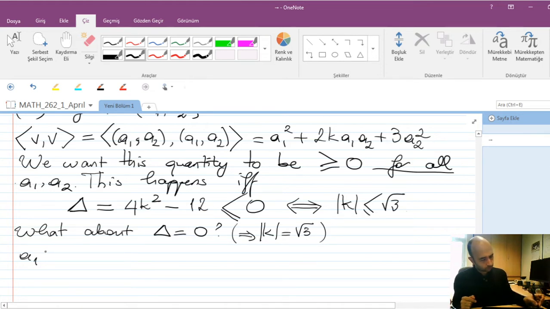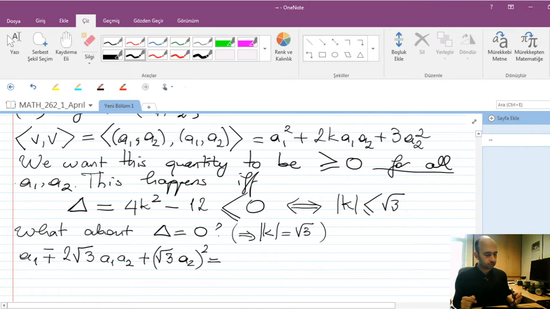So you have a1 squared plus or minus 2 times root 3 a1 a2 plus, let me write the last one as (square root 3 a2) squared. You would immediately realize that this is a complete square, (a1 plus or minus root 3 a2) squared, right? It is true that this is greater than or equal to 0.